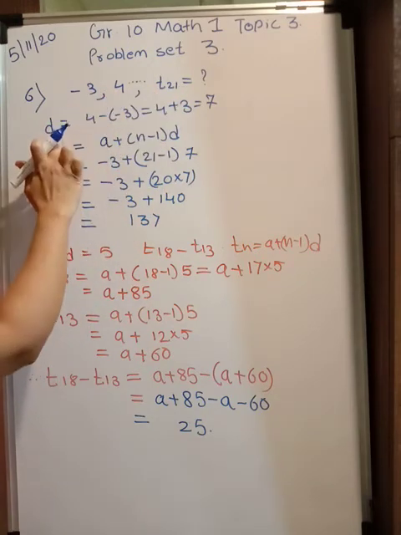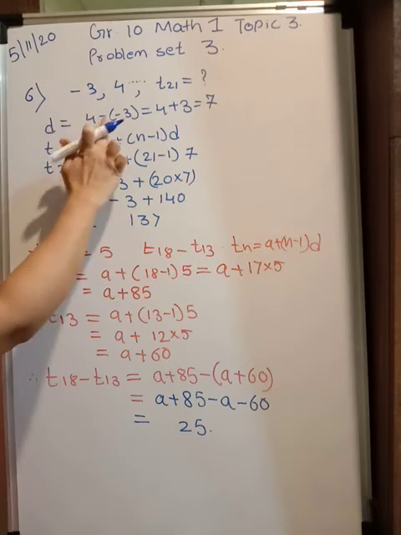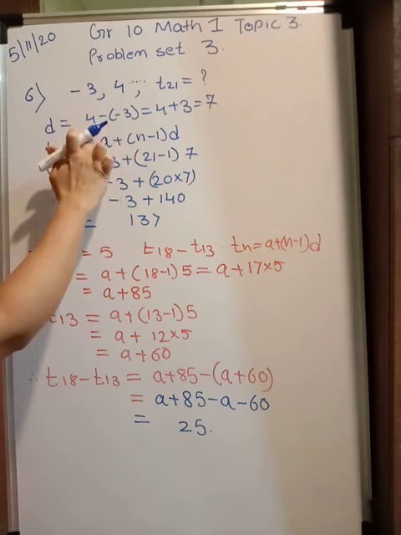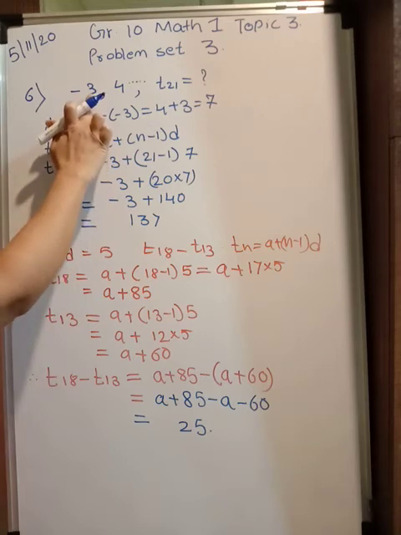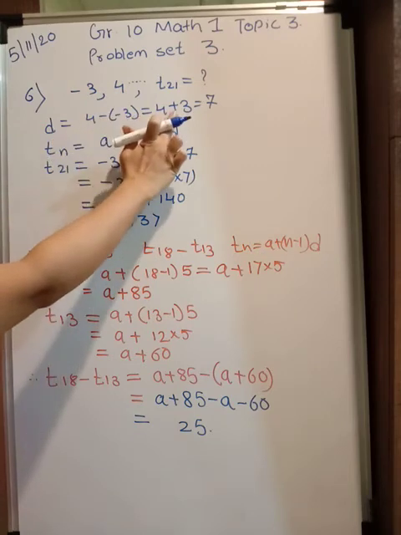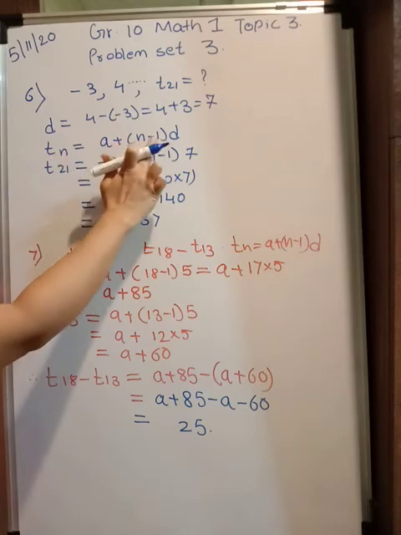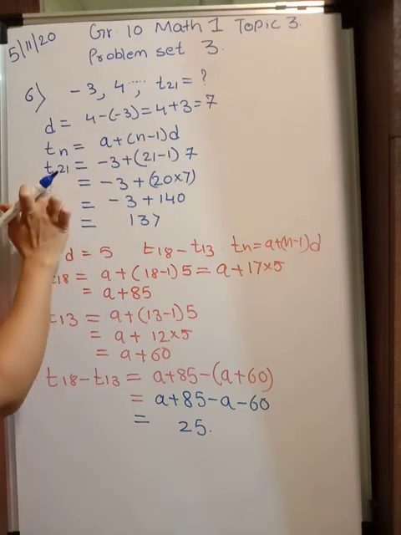So we can find the common difference as 4 minus minus 3. This is the second term and this is the first term. So T2 minus T1. So 4 plus 3 will be 7. Now what is the formula for Tn? A plus n minus 1 into D. We want to find the 21st term, T21.